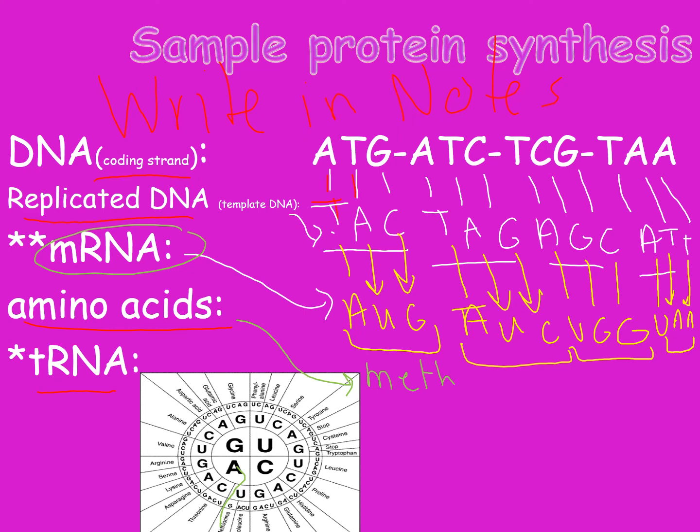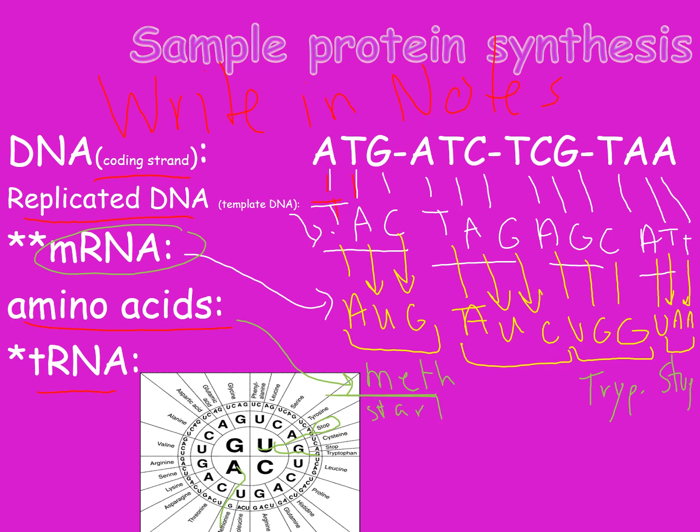I can't tell you which one it is because I don't have my thing, and that is my fault. But the next one we do have is UGG, and it says tryptophan. So I'm just going to write the first part. And then it says UAA. And what's this word? It says stop.